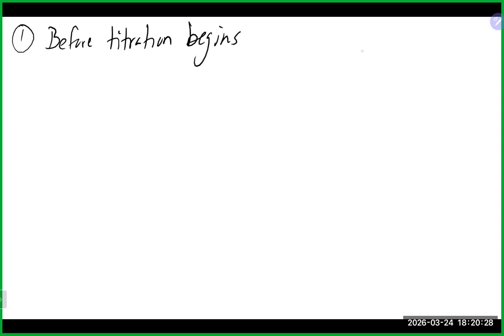We'll start with the very first part, which is before the titration begins. So once again, before the titration begins, in this particular case, you have just a weak acid present. So if I want the pH of a weak acid, this is a calculation we've done in the previous chapter. This is really just a Ka type problem of a weak acid.